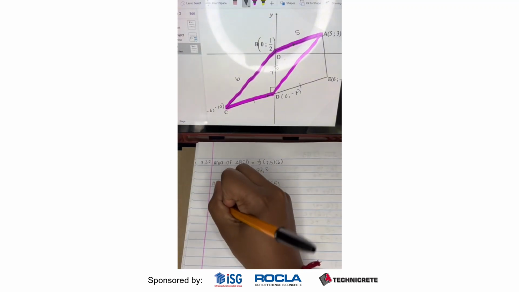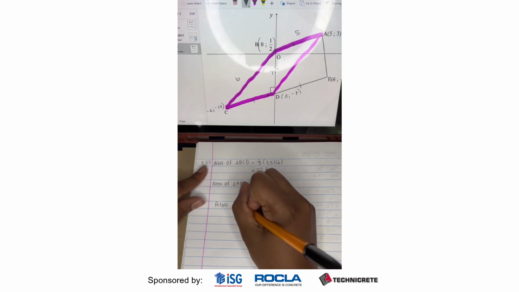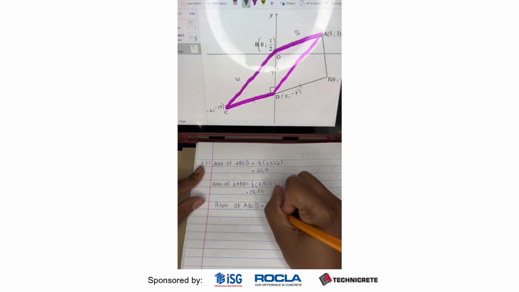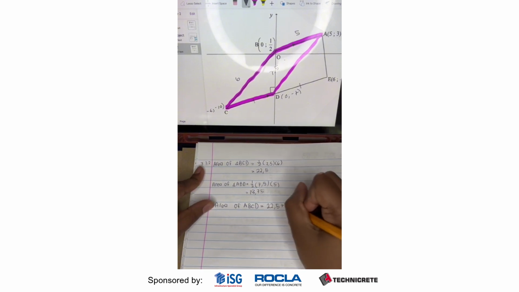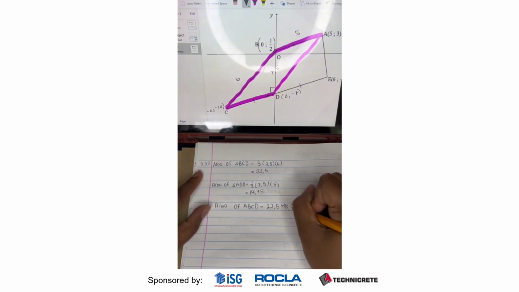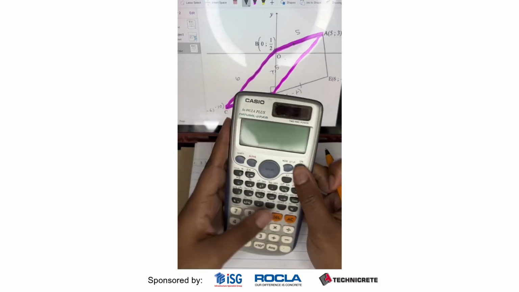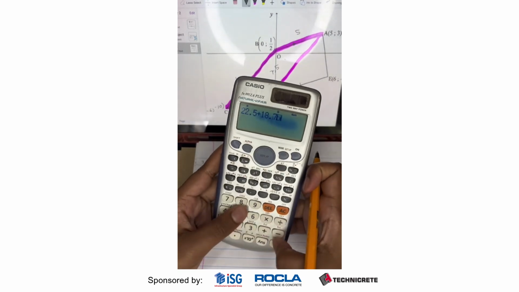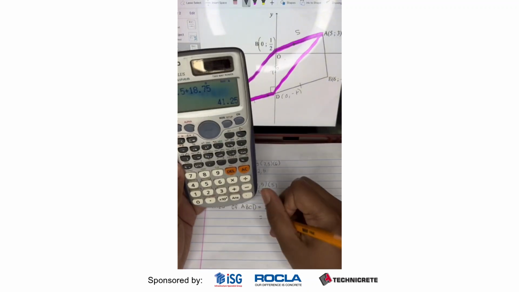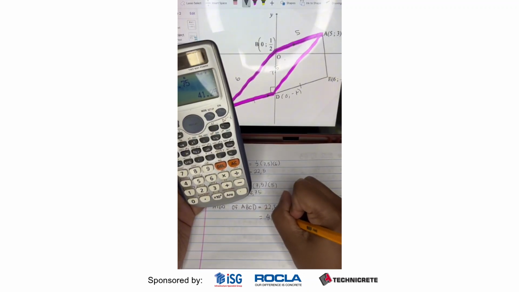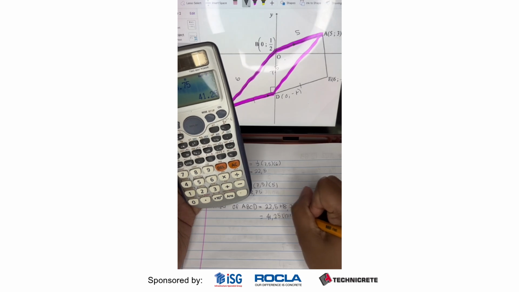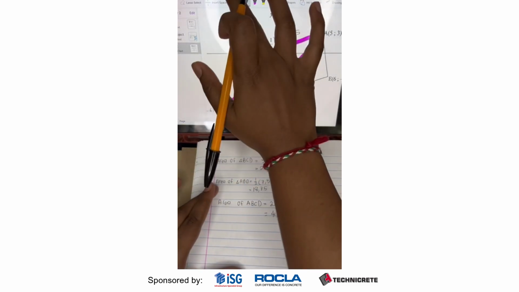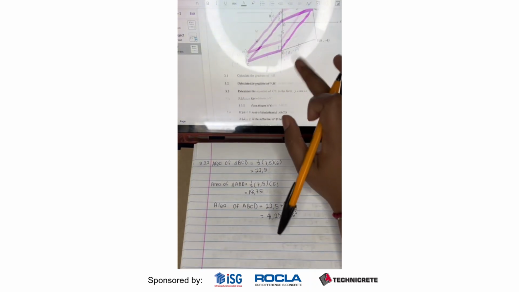Therefore, my area of ABCD is 22.5 plus 18.75. Let's calculate that. 22.5 plus 18.75 is 41.25. Make sure you keep your answer as units squared. Okay, let's look at the next question.